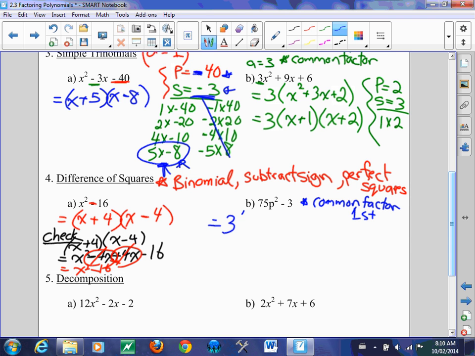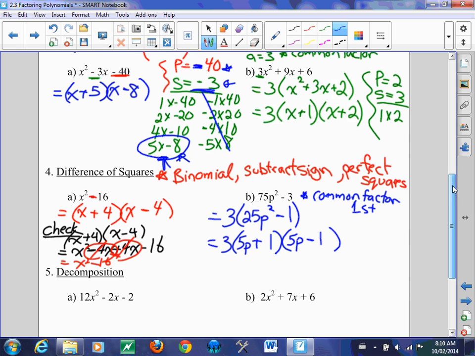So it's going to be 3 times 25p squared minus 1. So leave the 3 out front, and then we're going to realize that this is a difference of squares. Put a positive sign in one, negative in the other. Doesn't matter which one goes first. Take the square root of the first term, so that's going to be 5p, and the square root of the last. And there you have it.